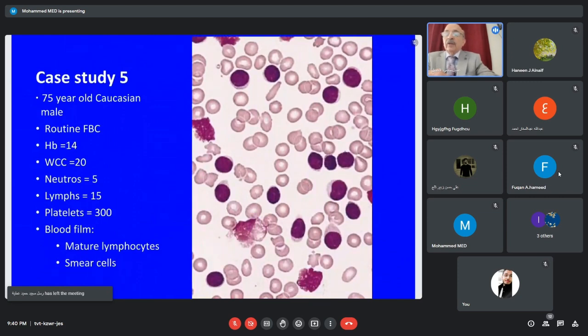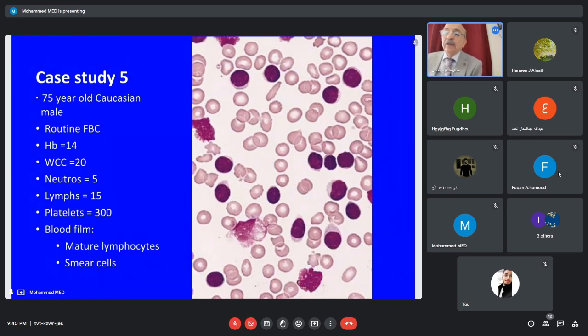This is another case study, number 5: a 75-year-old Caucasian male on routine full blood count. He was found to have a hemoglobin of 14. This is almost normal, but the white blood cells is 20. This is high, but not very high, but it is high.